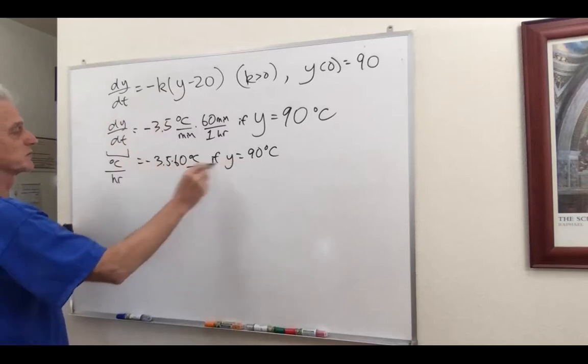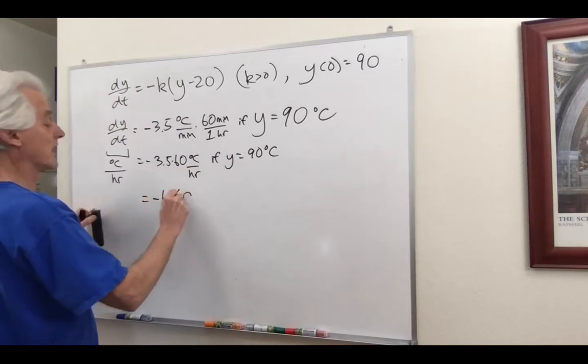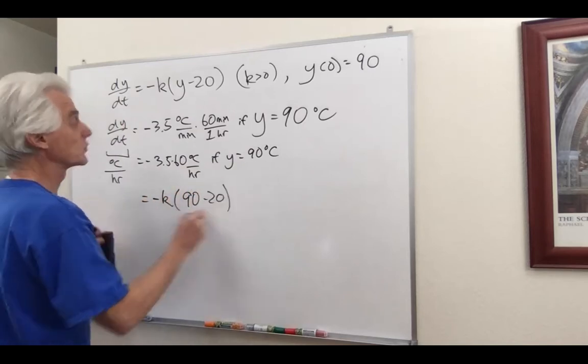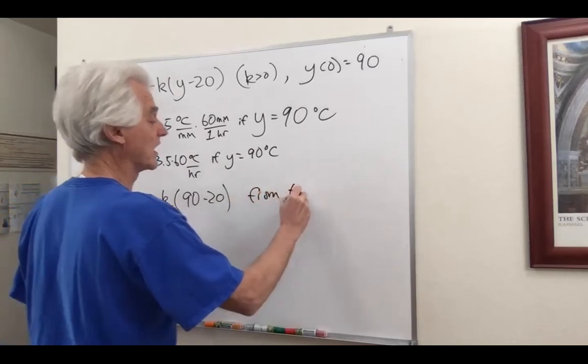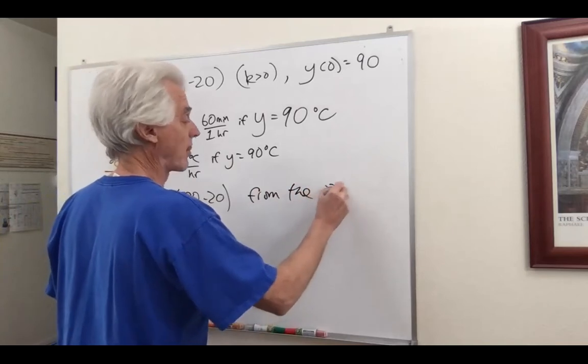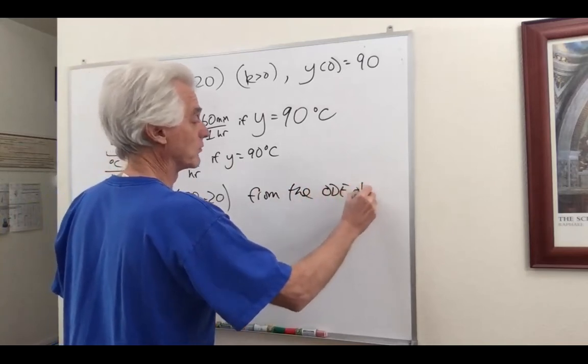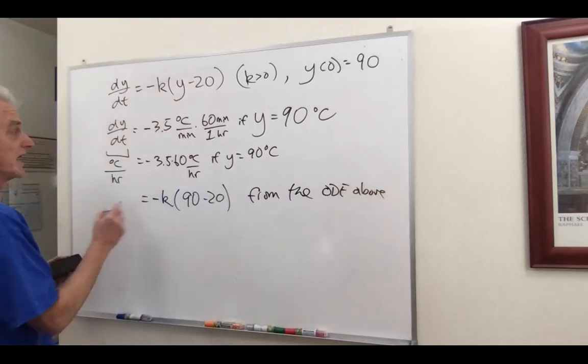Okay, all right, so that's from the description of the problem, but it's also equal to minus k times 90 minus 20, right, from Newton's law of cooling, from this ODE above. So I set them equal and solve for k.